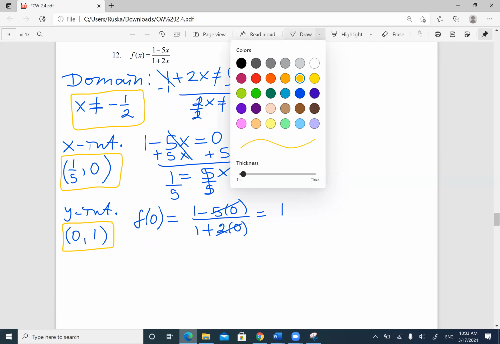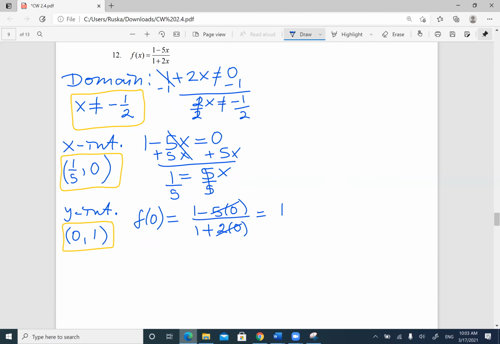Then after that, we have to go ahead and find the asymptotes. Let's find the vertical asymptote first. The vertical asymptote comes from the domain. So the domain is x is not equal to, and in this case the vertical asymptote is x equals -1/2. And then we're going to find the horizontal asymptote. Now, what is the case? First, second, or third? The highest exponent on top is x to the first, and on the bottom is x to the first. So that's case 2, right? And case 2 says y equals a over b.